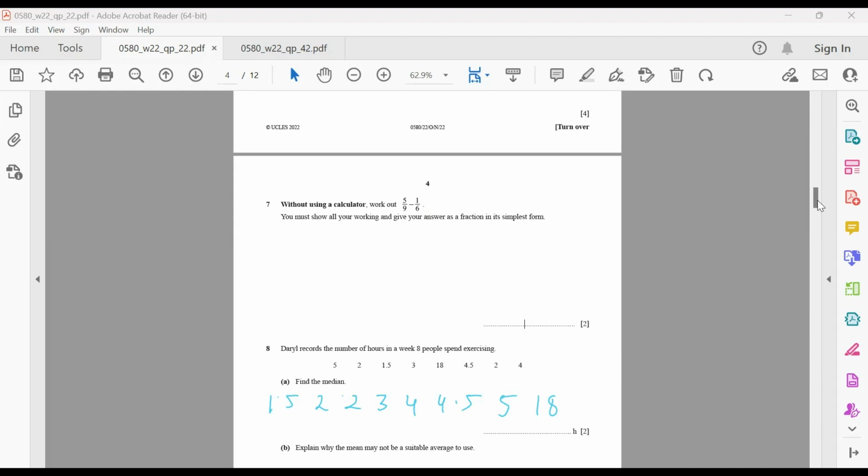So once you arrange them in ascending order, then you start striking them off one from each side like this. So this goes, and this one goes, and this, and this. And that leaves you with 3 and 4, two numbers. So what you do is you add them and divide by 2, which is equal to 3.5. Therefore, your answer will be 3.5. Let's just write it down here. 3.5.